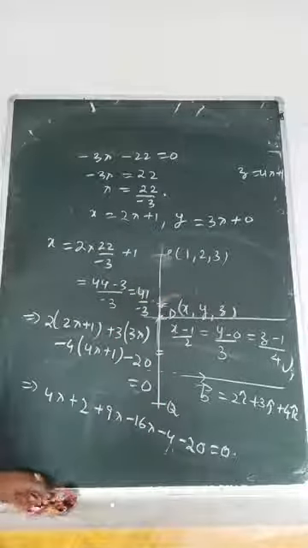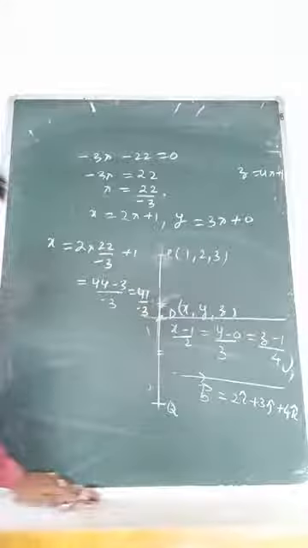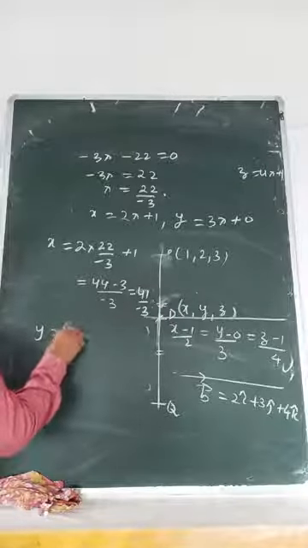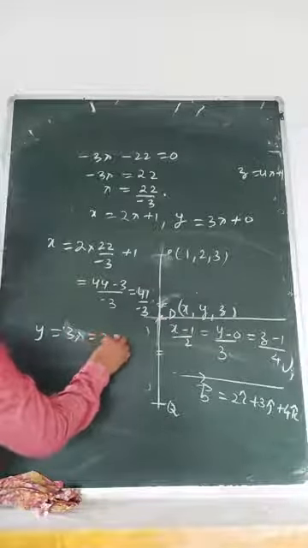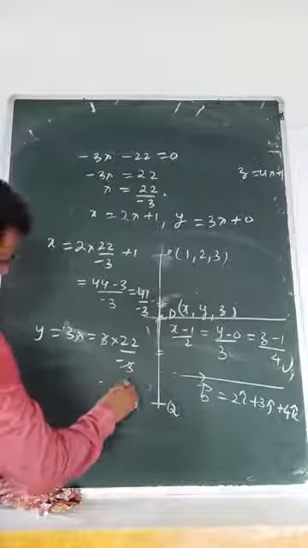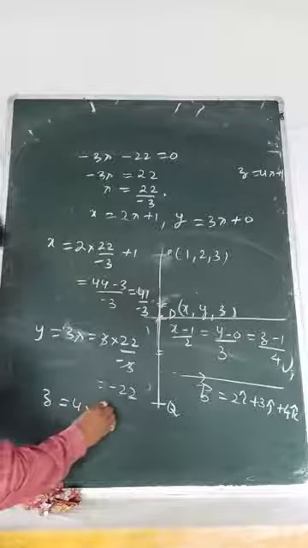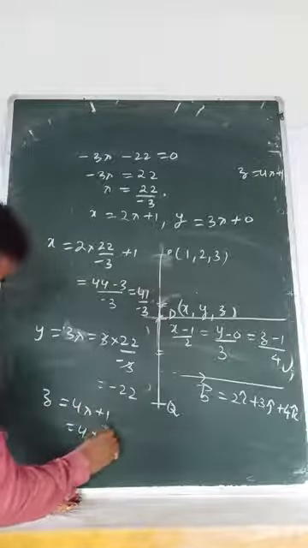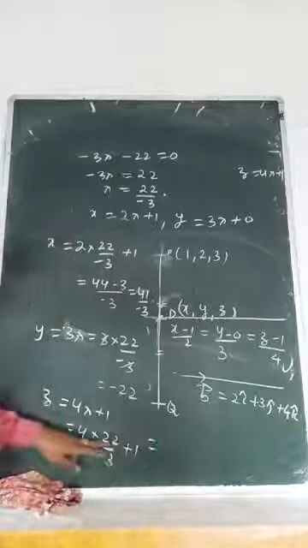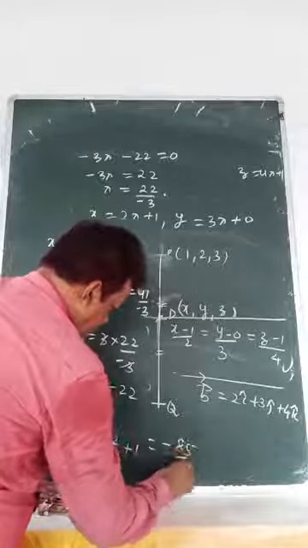You got x. Y is 3 lambda, which means 3 into 22 by minus 3, so minus 22. Z equals 4 lambda plus 1, 4 into 22 by minus 3 plus 1, so 88 minus 3, minus 85 by 3.